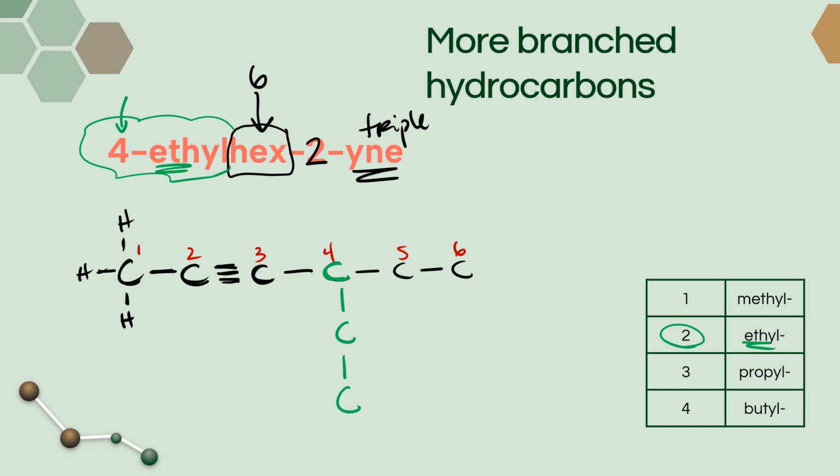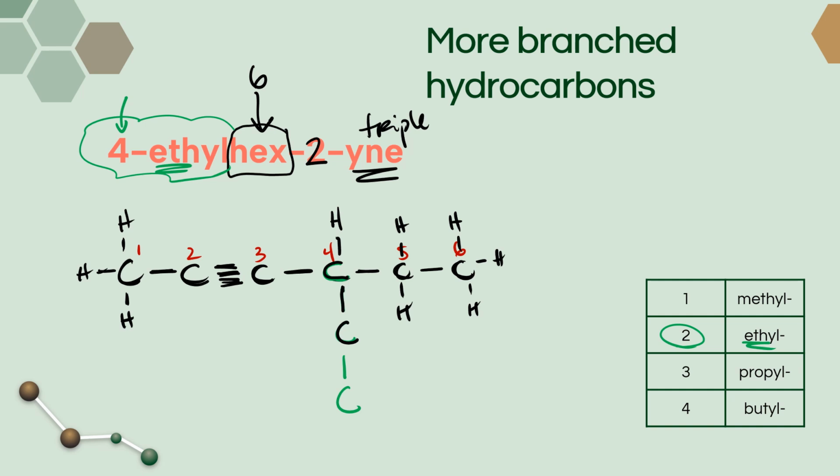This carbon has 1, 2, 3, 4 bonds, no extra hydrogens. How about this one carbon? I've got 1, 2, 3 bonds. It does need a hydrogen to fulfill that octet rule. How about this one? This one needs 1, 2, 3.